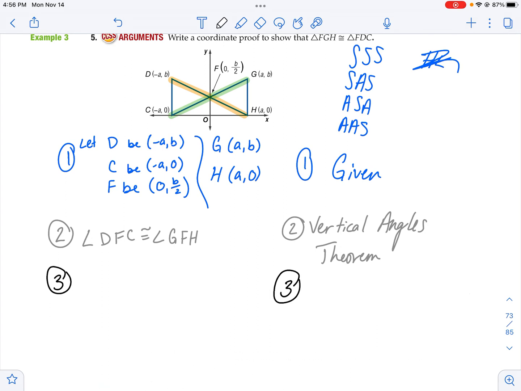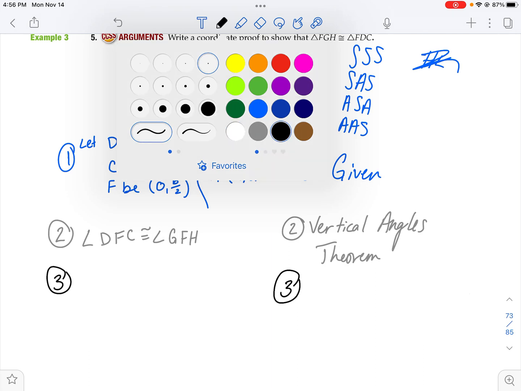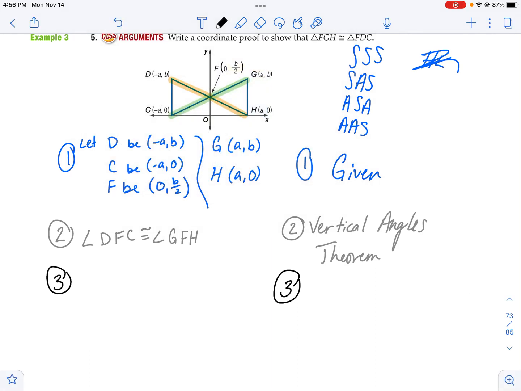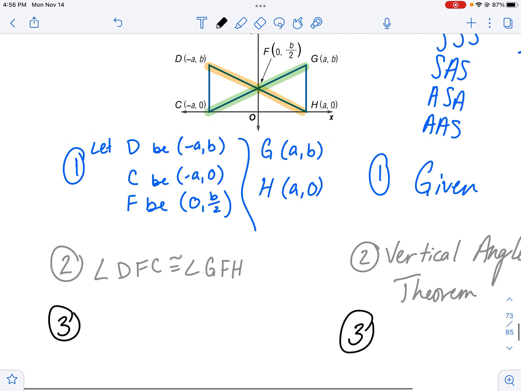If I want to prove that those are congruent, I need to prove that they are the same length. So let me find the distance.